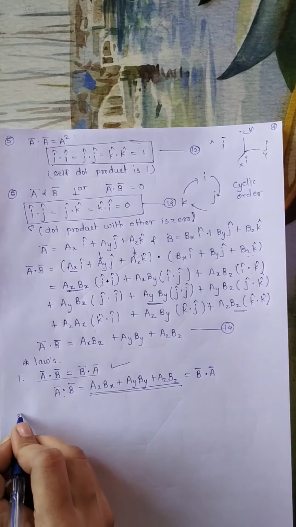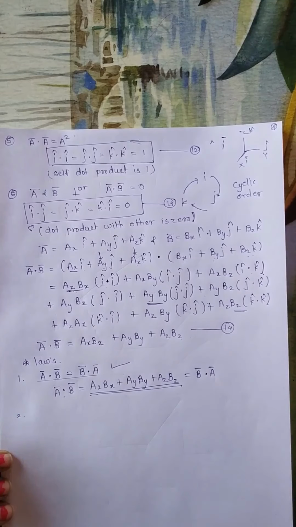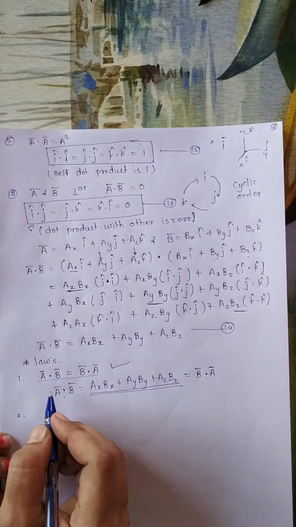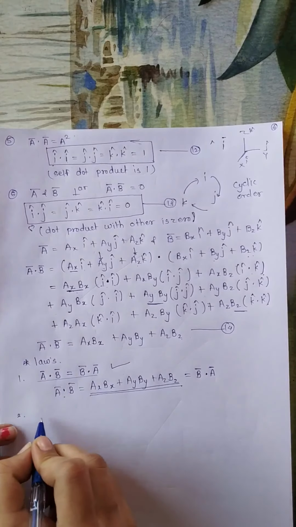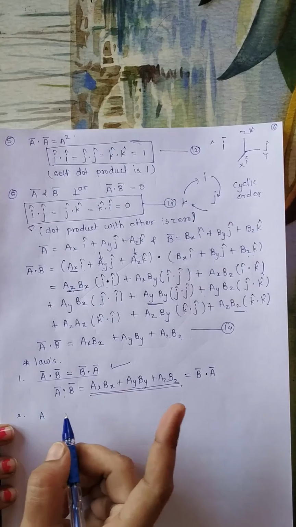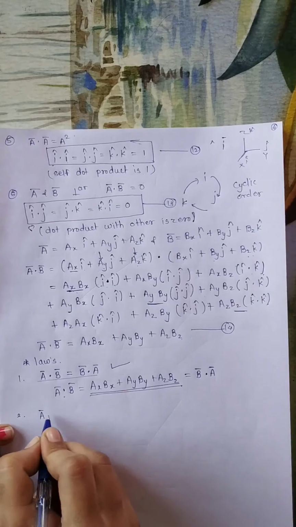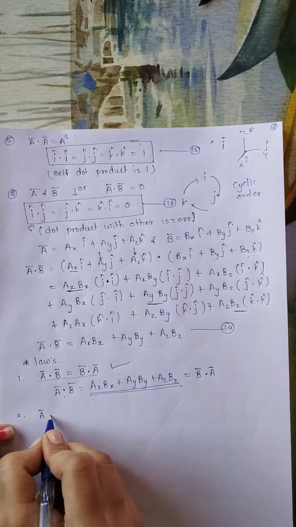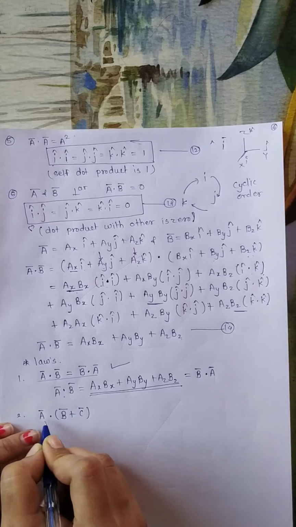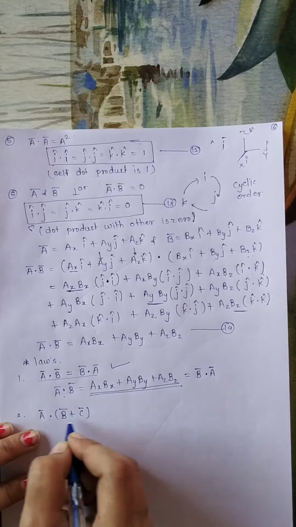And second is the distributive law of multiplication. So this dot product also obeys the distributive law of multiplication. What is the distributive law? If I have three vectors a bar, b bar and c bar, then a bar when dotted with b bar plus c bar, this a is distributed over this bracket.